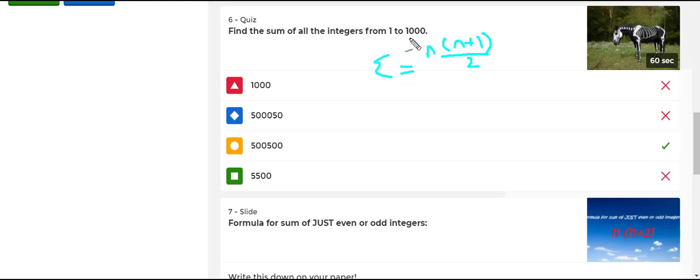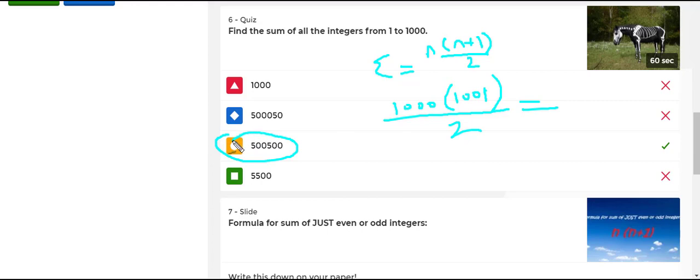So we're trying to get to 1,000, so it's 1,000 times 1,000 plus 1, which is going to give you 1,001. And then you're going to divide that by 2. When you plug and chug, you're going to get the right answer on your calculator, which is going to be the yellow, 500,500.